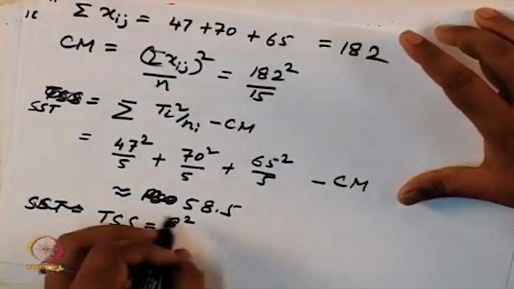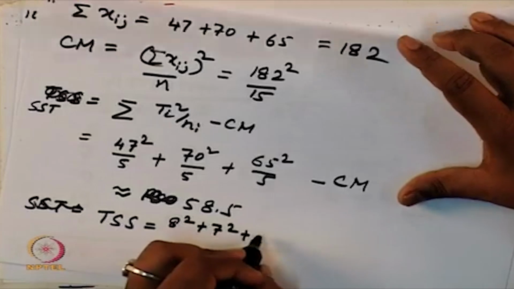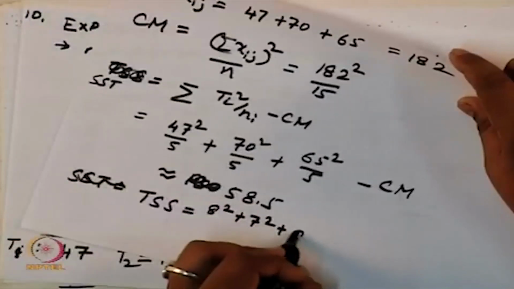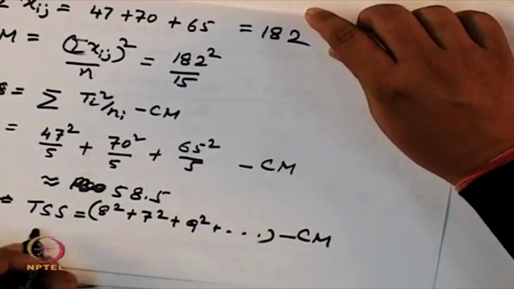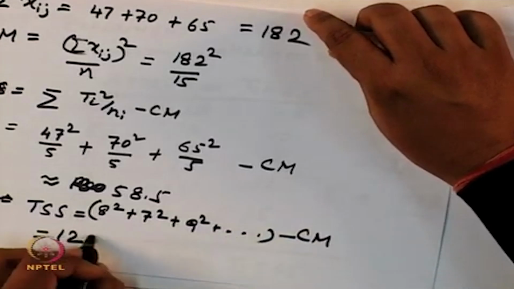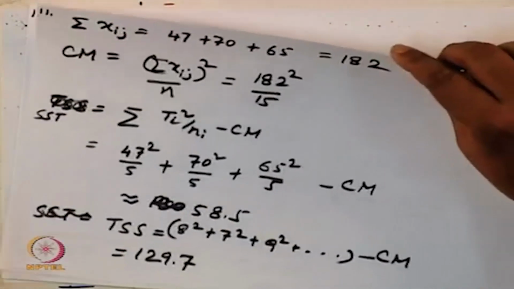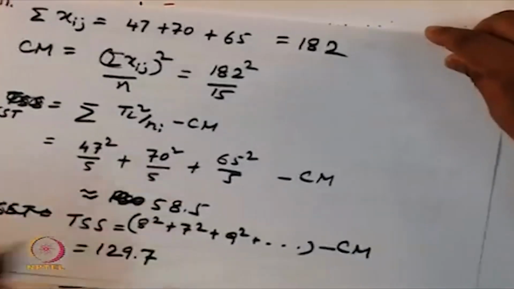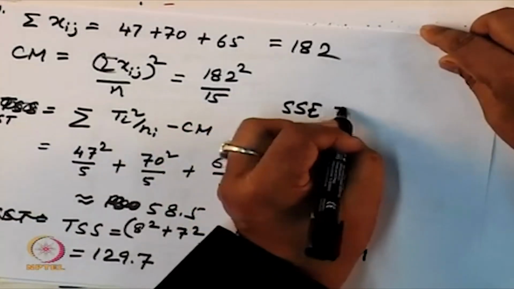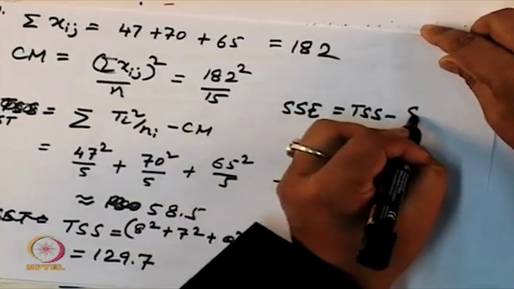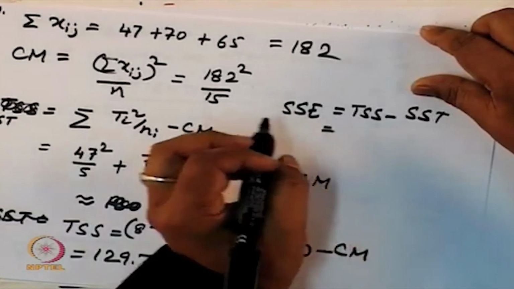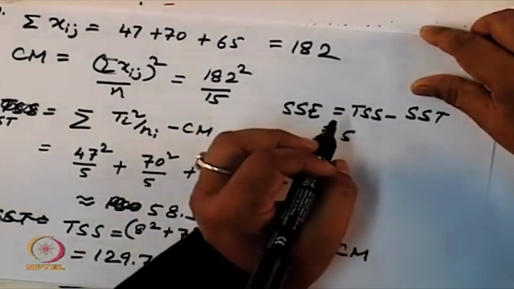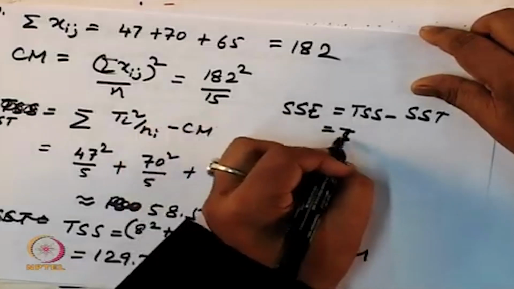So, TSS is equal to 8 square plus 7 square plus 9 square; you square up all the terms for each of these conditions, and then subtract Cm. This comes out to be 129.7. You can then calculate SSE equal to TSS minus SST, which gives you a value of 71.2.